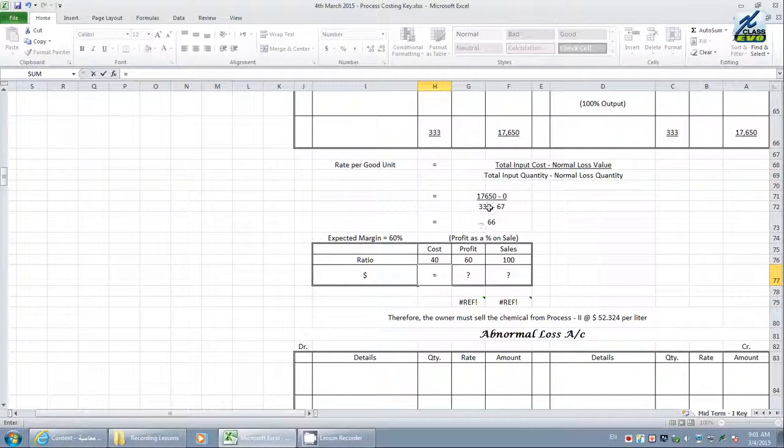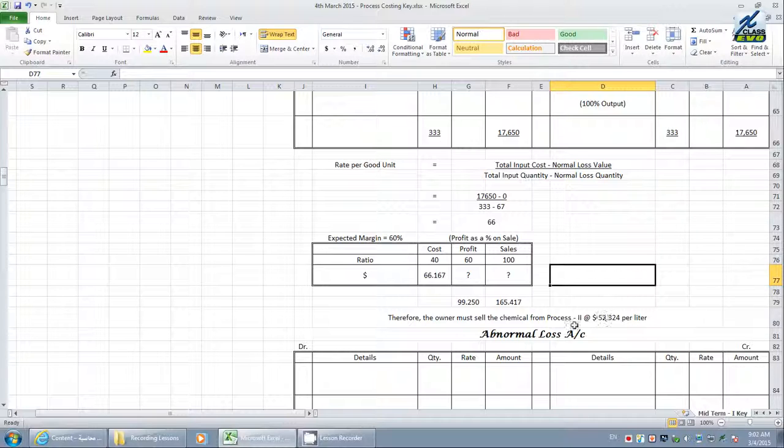Then the formula is the total value divided by the ratio, times the quantum: H77 by H76 into F76.